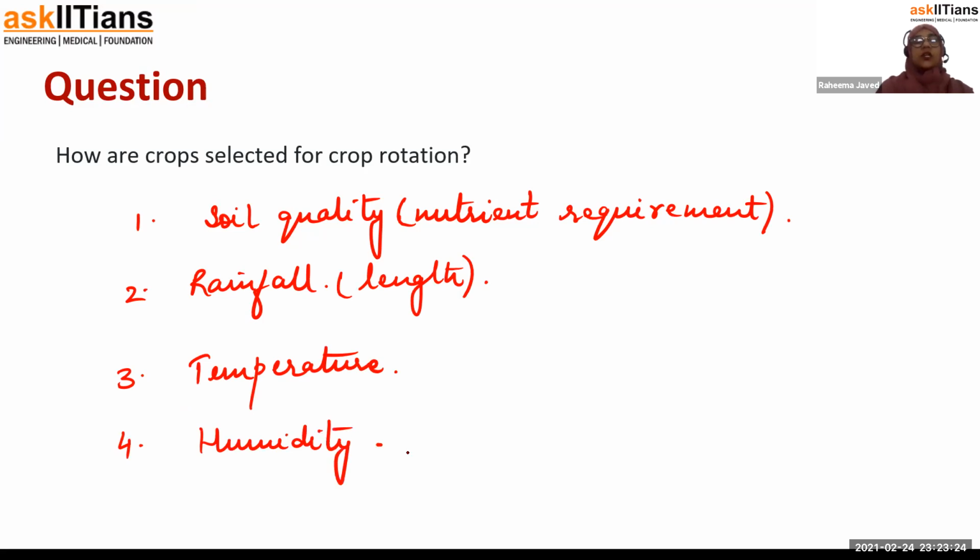You can also write a point about pests, what kind of pests are there in that particular place. If these points are kept in mind, then the crops which are better suited for that particular place can help in increasing the crop production by using crop rotation.